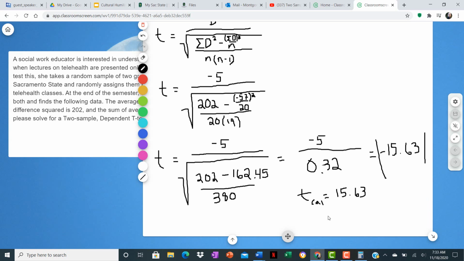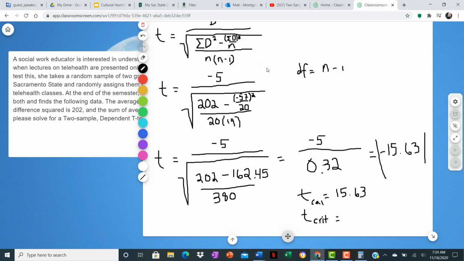We only have two things left to do now: one is to consider the calculated, and then consider the null hypothesis. Since we already have the calculated, the next thing we need to find is the critical. The critical is found once we find the degree of freedom, which in this particular case is n minus 1.